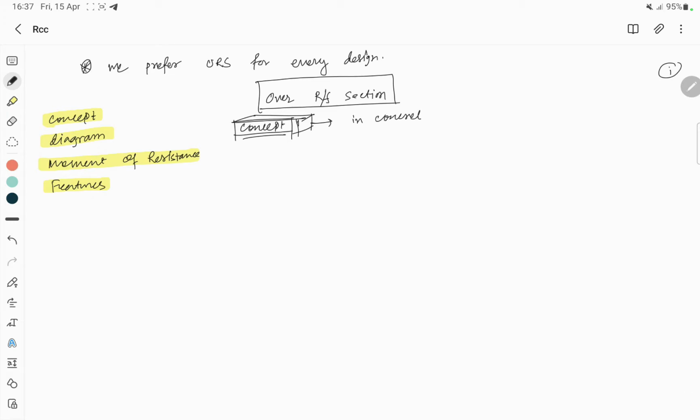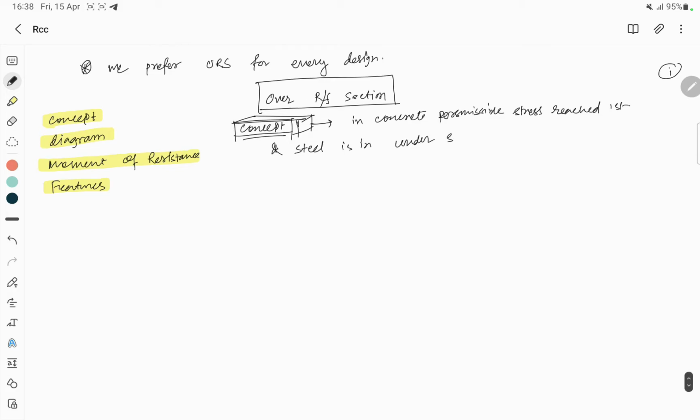In concrete, permissible stress reached first and steel is under stressed, not crossing the permissible stress. That is the concept.